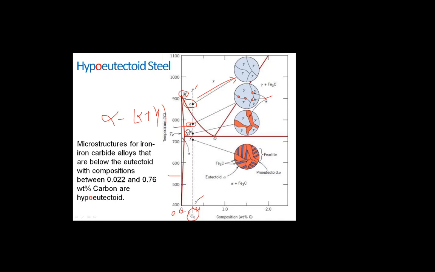On the other hand, the change in composition of the austenite is more dramatic, proceeding along the alpha plus gamma to gamma boundary line, MO, as you can see. The transformation happens as the temperature is reduced.